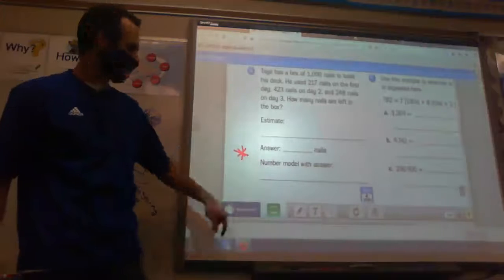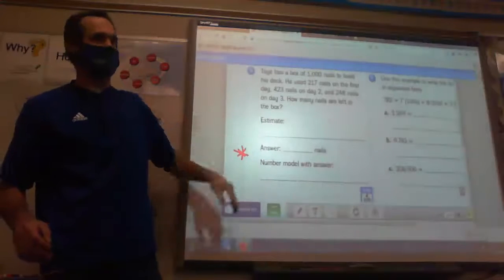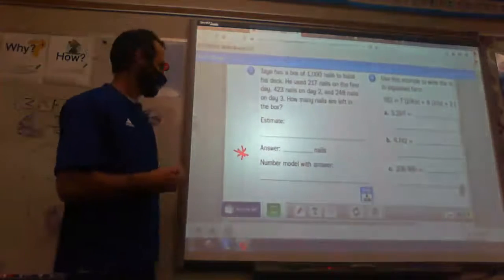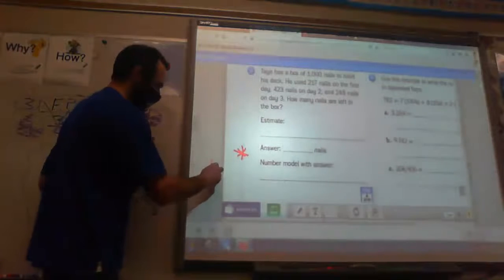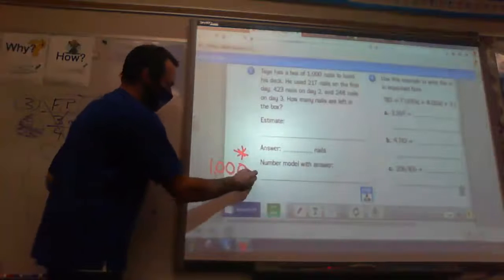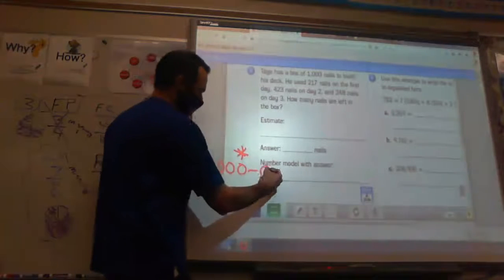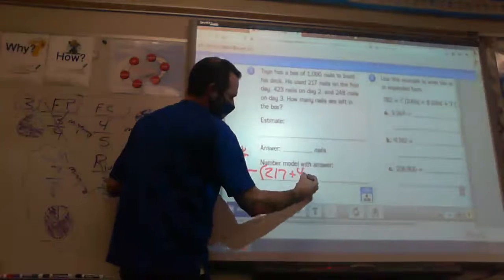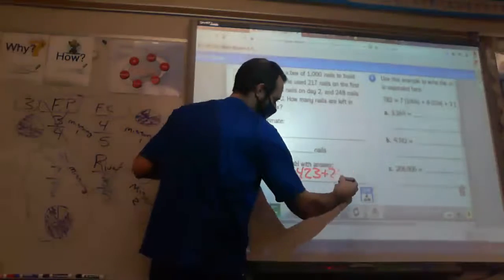I like to do this one first because then I can use that to come up with the numbers for my estimate. So we know that when we are doing this, the last step is actually the first one you write down, which is the 1,000 minus parentheses 217 plus 423 plus 248.